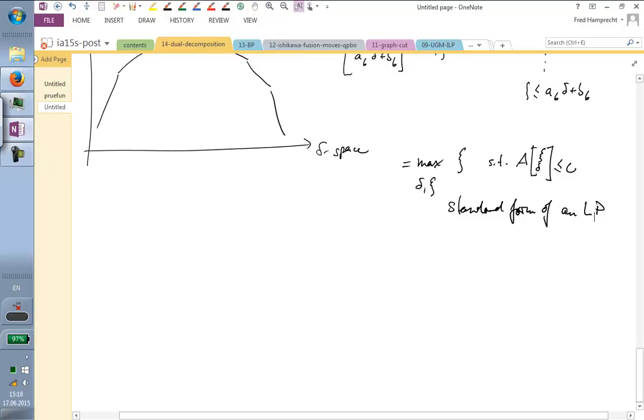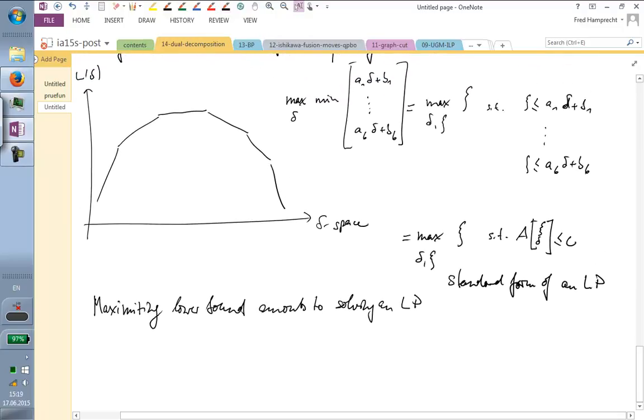And so what we see is that overall, maximizing this lower bound, or maximizing the dual, amounts to solving an LP. Maximizing the lower bound amounts to solving an LP.